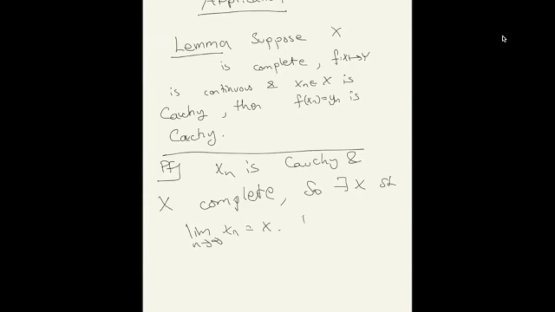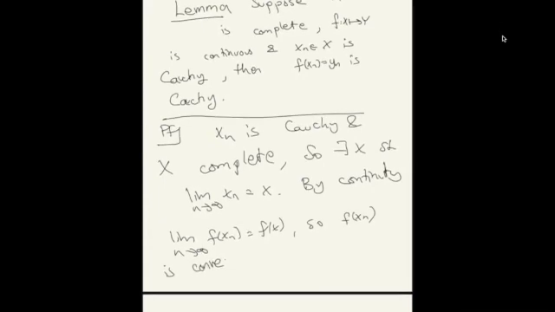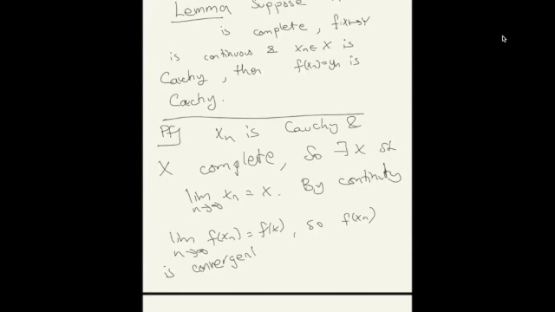Now, by continuity, and what we just proved, limit n goes to infinity of f of xn is equal to f of x. So f of xn is convergent. And because it is convergent, it is Cauchy. So f of xn, which is yn, is Cauchy, and we're done.